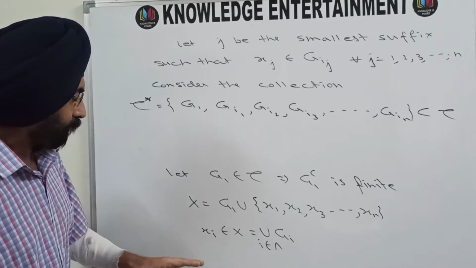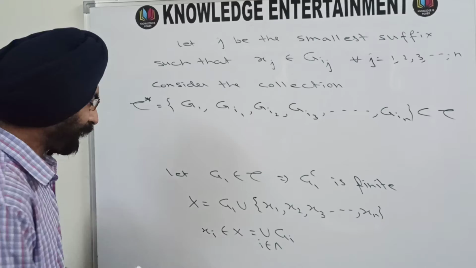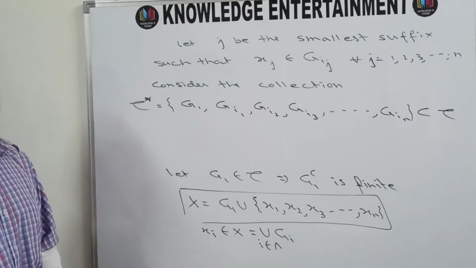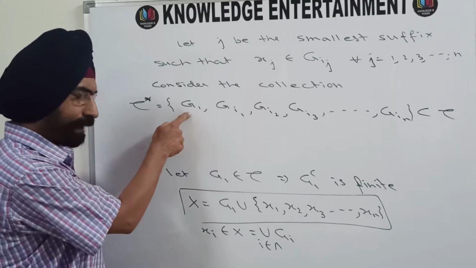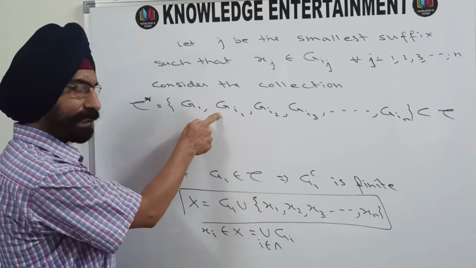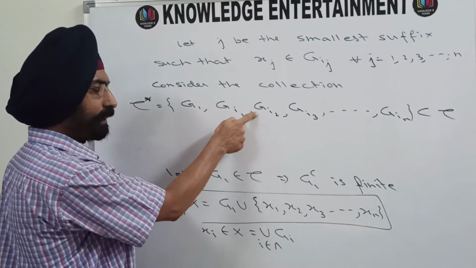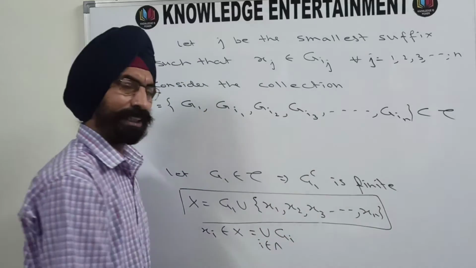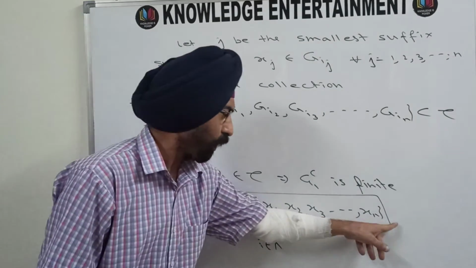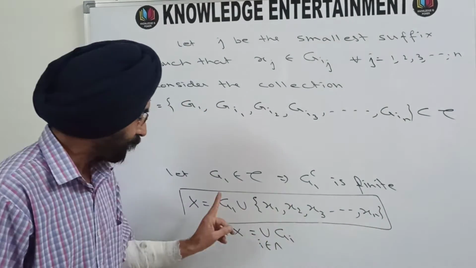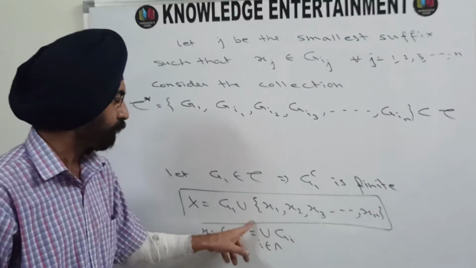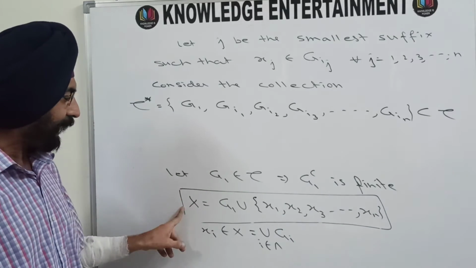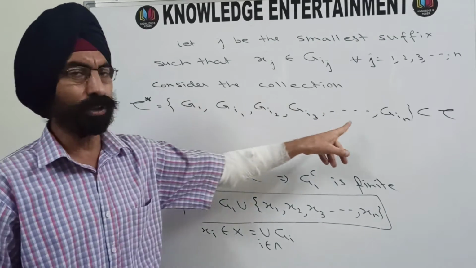Also, consider X now. G1 is contained in G1, this X1 is contained in Gi1, this X2 is contained in Gi2, this X3 is contained in Gi3, this Xn is contained in Gin. That means the whole of X is contained in these sets, so X is contained in the union of these sets.